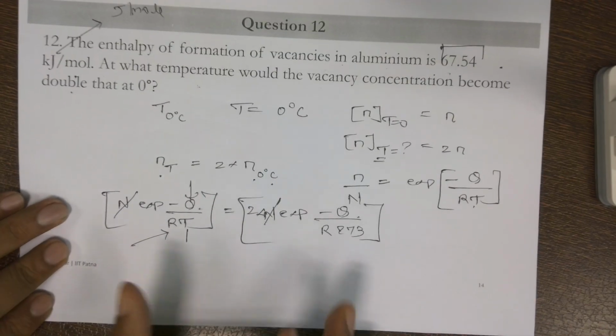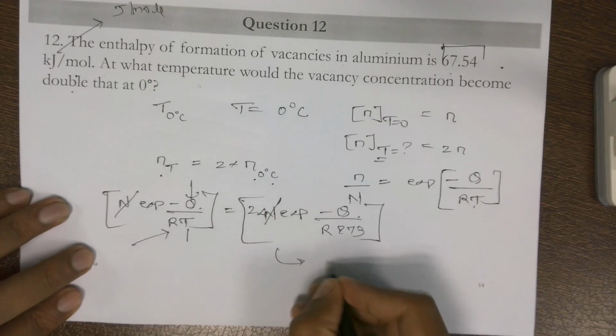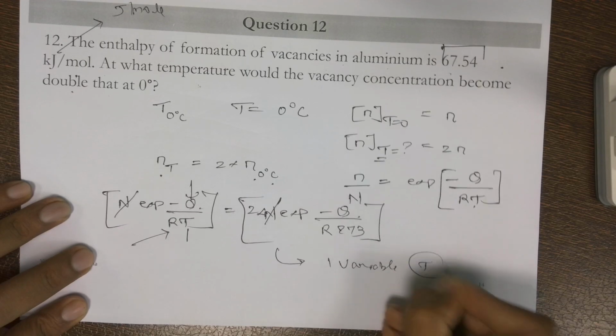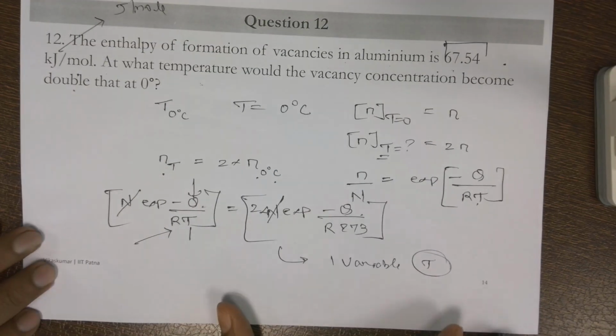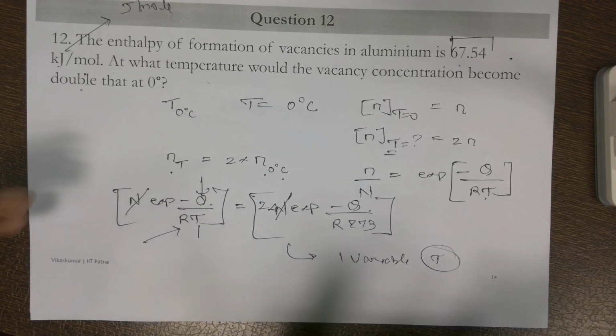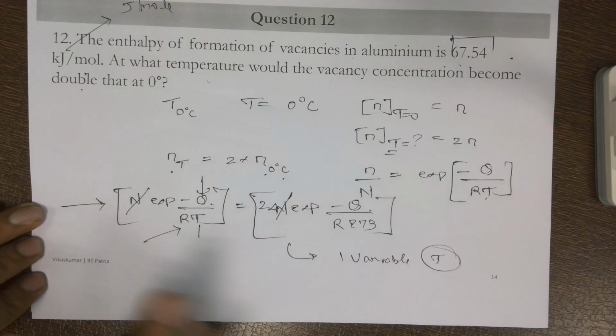Now we can solve for the temperature. Right. So one equation, one variable, which is T. I'm not going to do that calculation part. My aim is to tell you the method of how we can do that. Okay. So by solving this, we can do that.